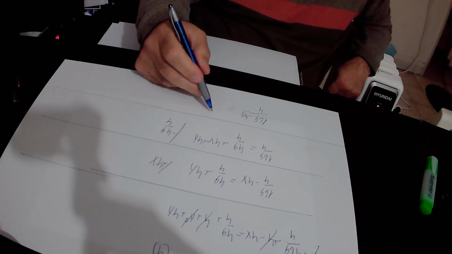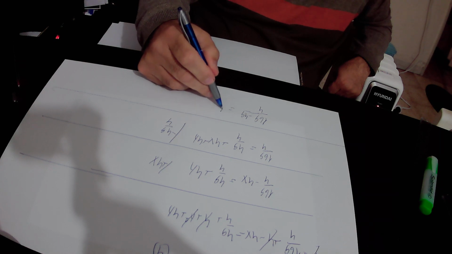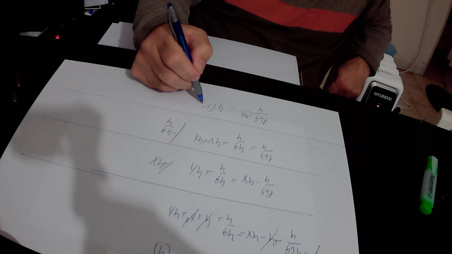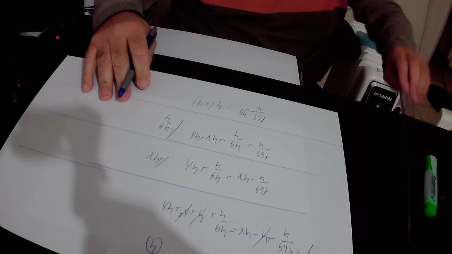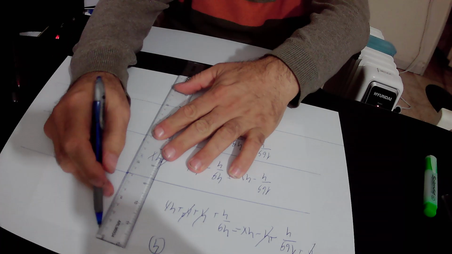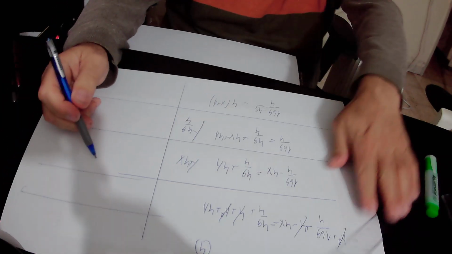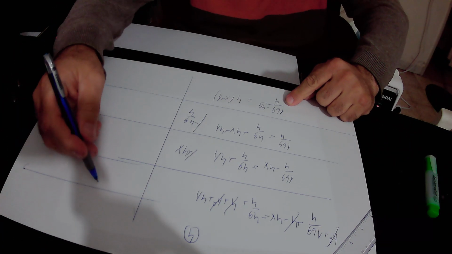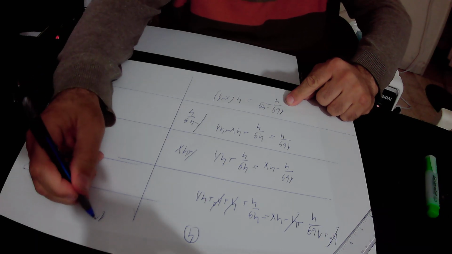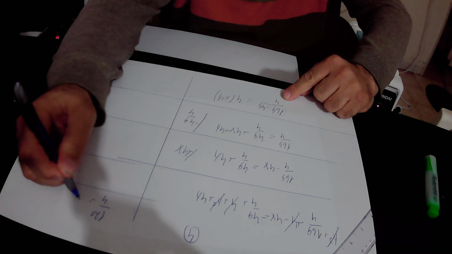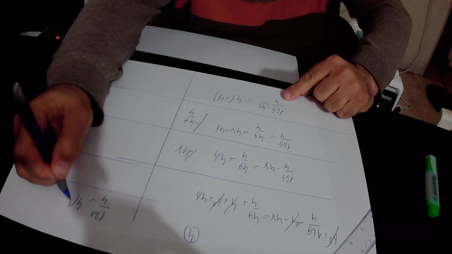Here we take 4 as a common factor from this equation, and inside the brackets we are left only with x plus h. So in conclusion, we found out that 169 minus 49 is 120, so in total this expression equals 120 over 4. That is equal to 4 times x plus h.